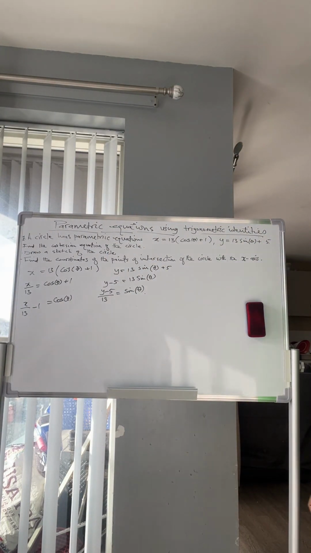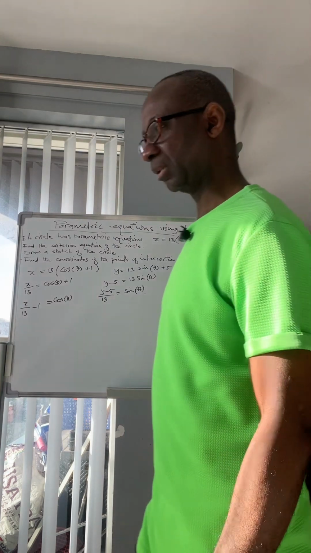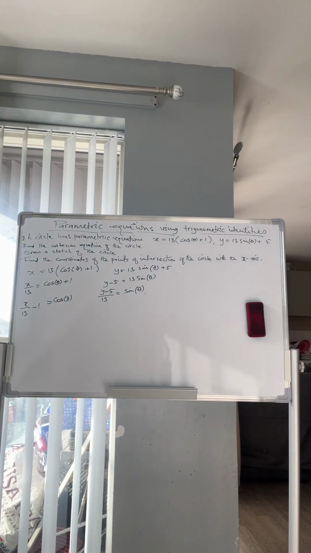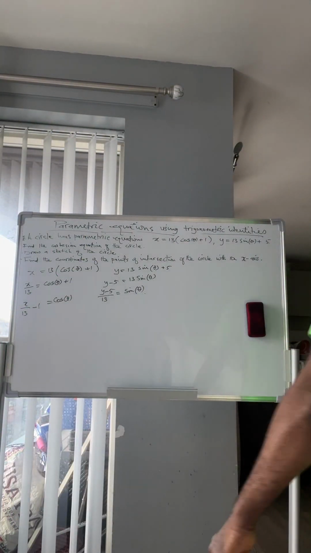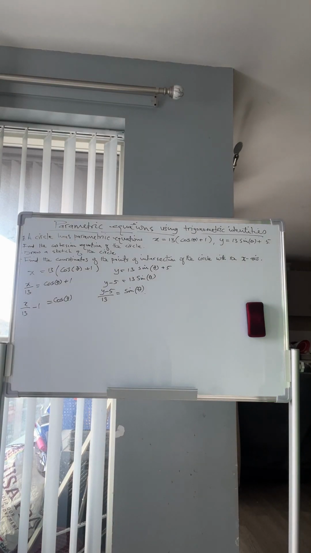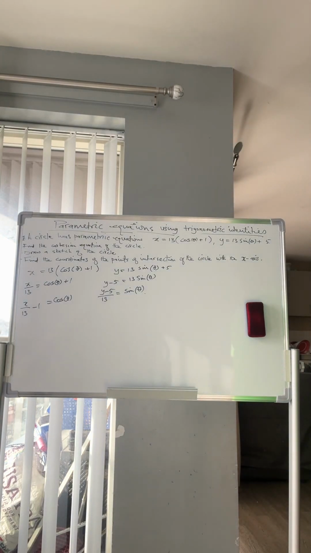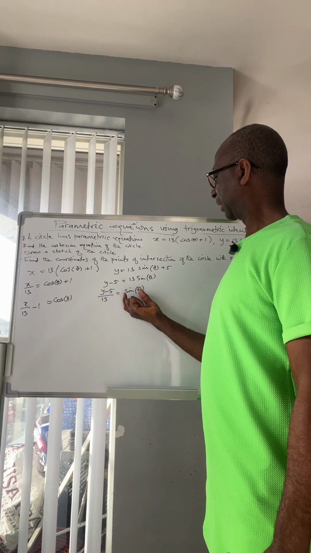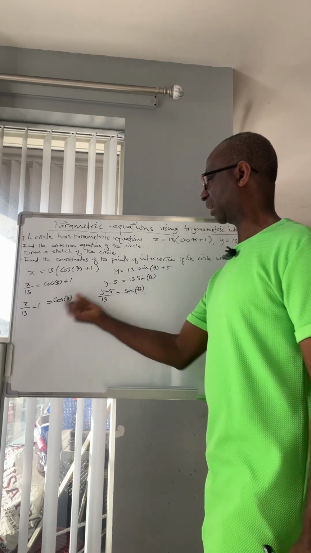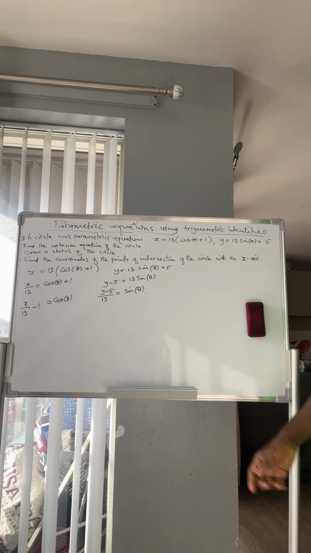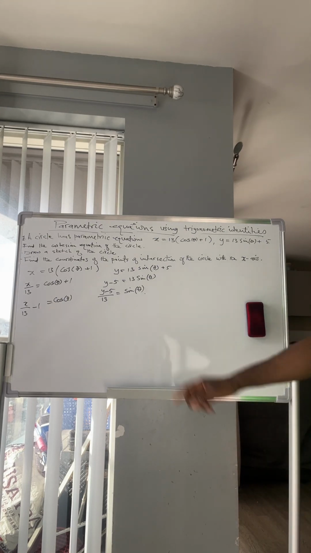Now we have succeeded in isolating the cosine and sine. Since we are already told that we are dealing with a circle, we know the formula of a circle. Also we have sine theta and cos theta, and there's a relationship between these two.